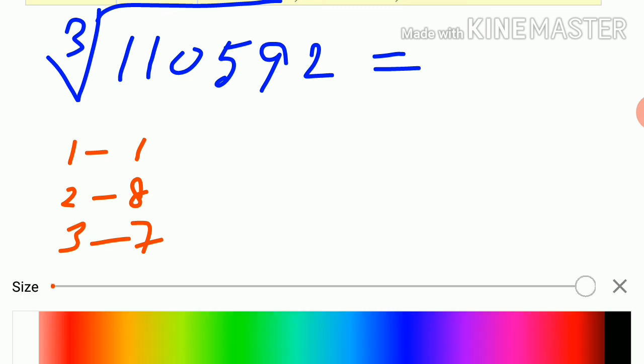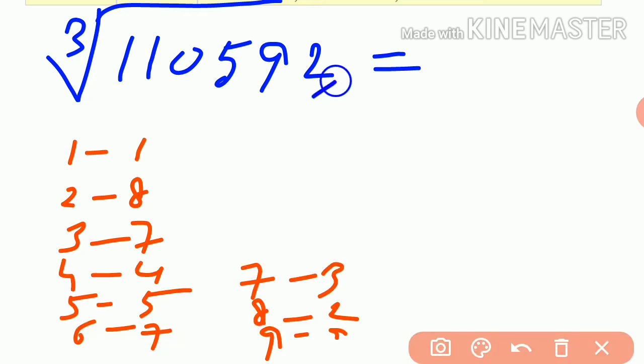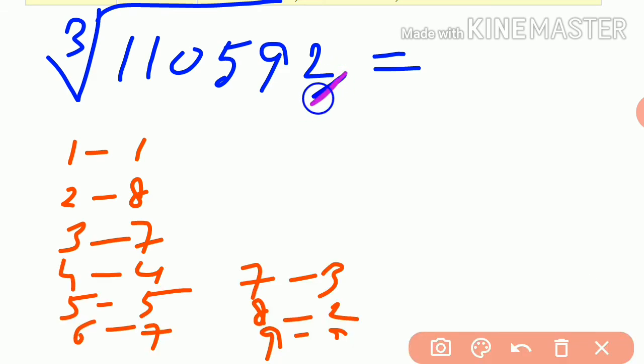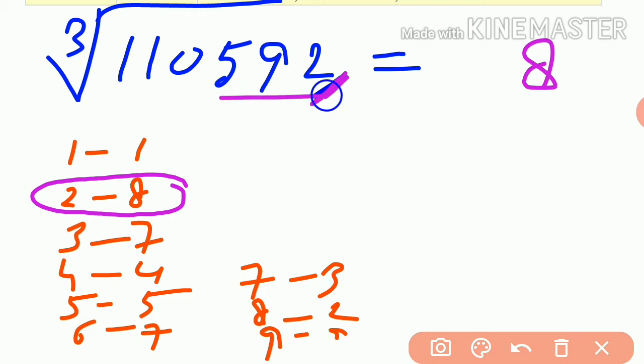Here the last digit, or unit digit, is 2. So for 2 we will write 8 here, and leave these three digits.